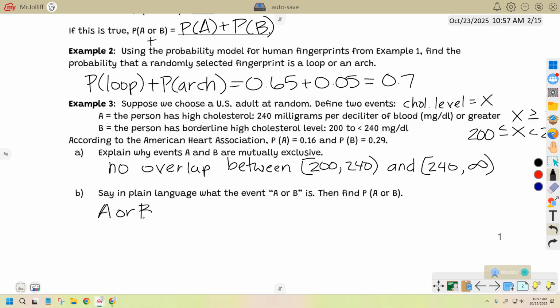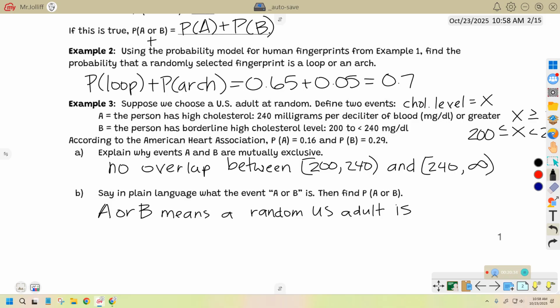So A or B means A. And we are talking about US adults. So A or B means a random US adult is, and then what does it mean to be in group A? High cholesterol.